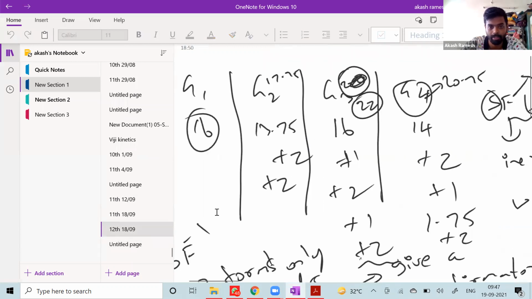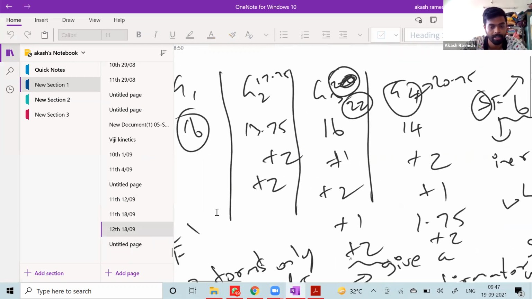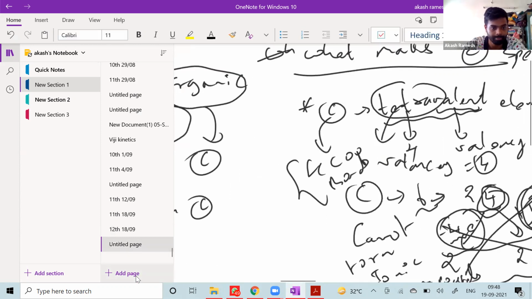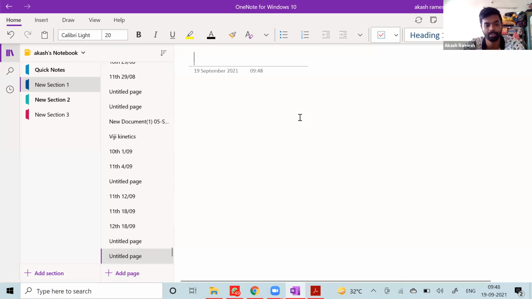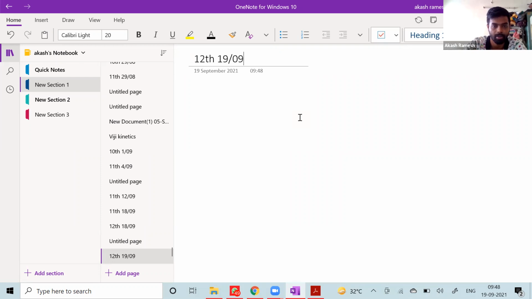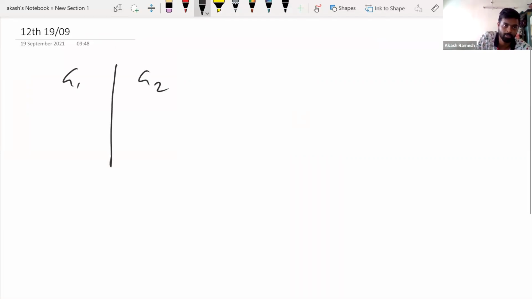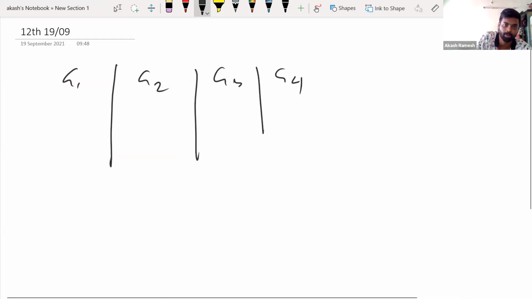So the points table looks like this, right? Group 1 has 16, 17.5, group 3 has 22, and group 4 has 20.75. Let me add a page and make the table again: group 1, group 2, group 3, group 4.